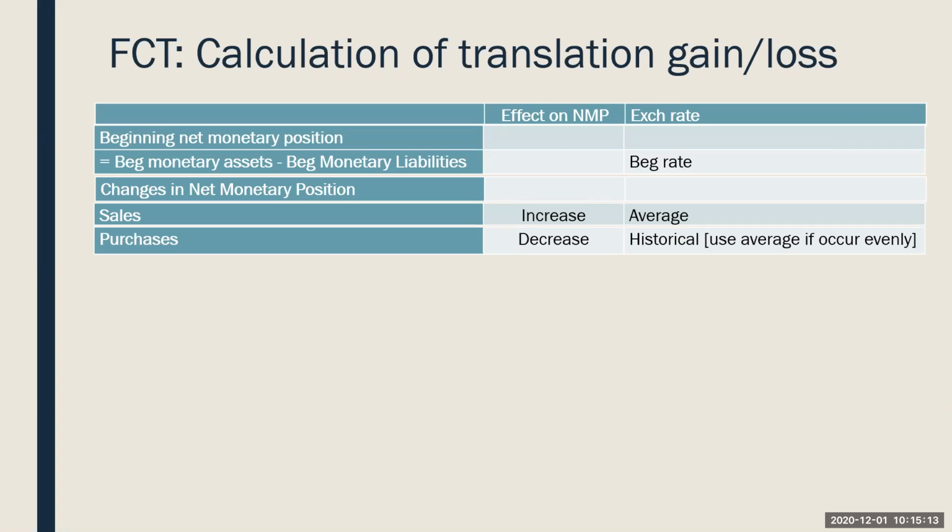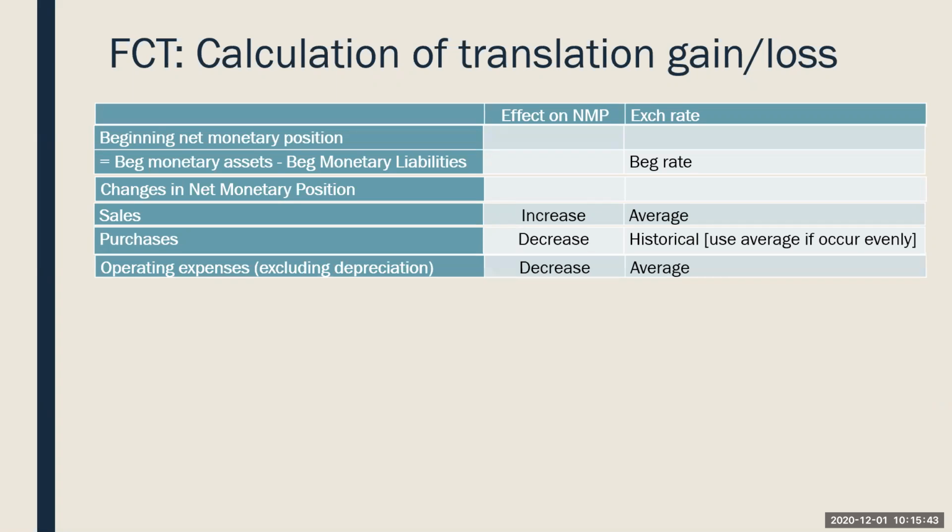It's just that the subsidiary would likely have a lot of sales transactions, so it may not be economical on our part to translate each sale using the historical rate for the date on which that sales transaction took place. So we use an average rate. Similarly, for purchases, we use the average rate if purchases occurred fairly evenly throughout the year.